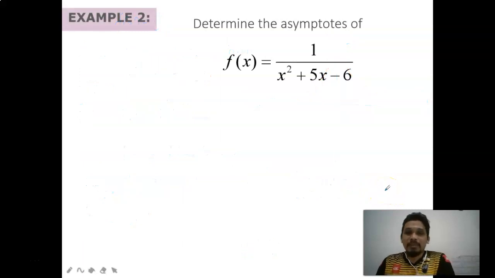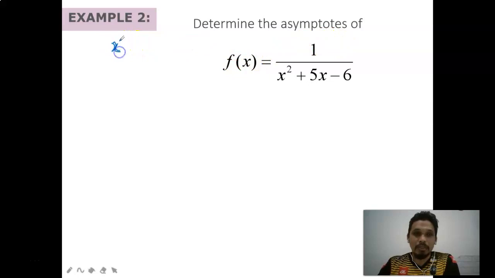Determine the asymptotes of f(x) equal to 1 over x squared plus 5x minus 6. For this one, we can factorize x squared plus 5x minus 6.